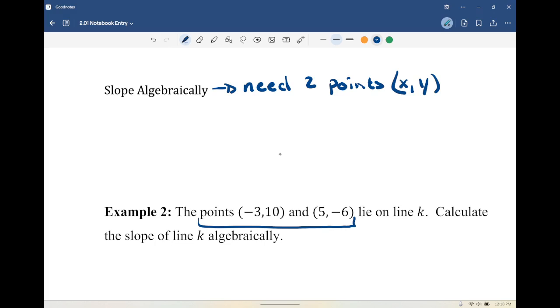The reason for this is slope algebraically is y2 minus y1 over x2 minus x1. And so it's one y value minus the other y value, over that same x value or coordinating x value minus the other x value. The most important part of this is that you are lining up points vertically. And so x2, y2 should be from one single coordinate point. x1, y1 should be from another single coordinate point.